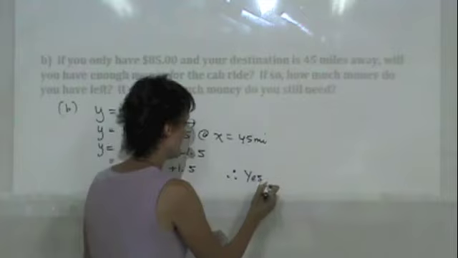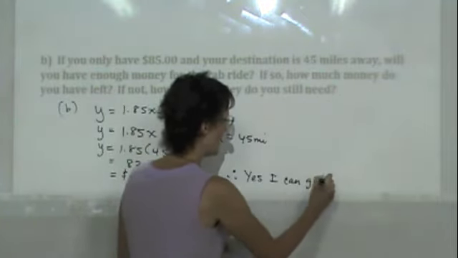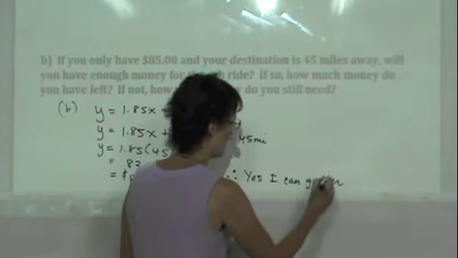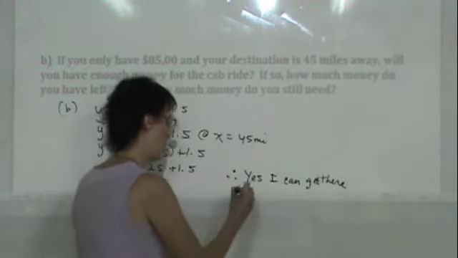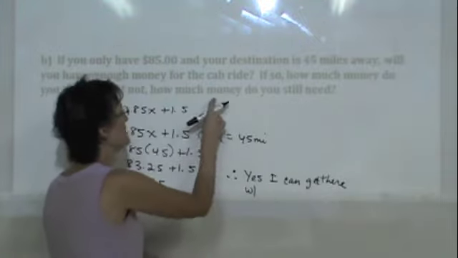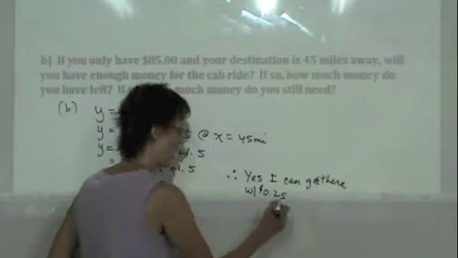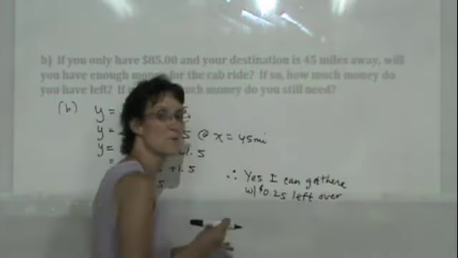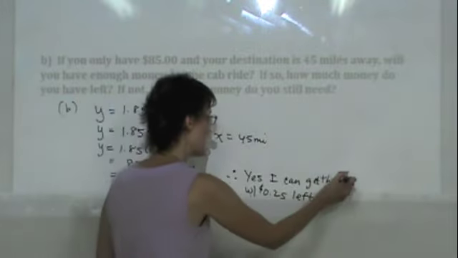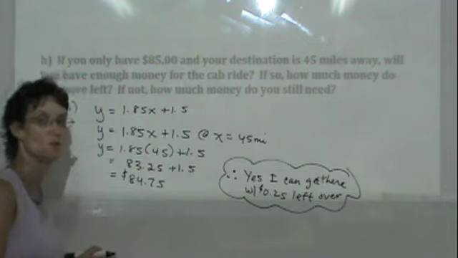Yes. Okay, I can get there, and it said how much do you have left? 25 cents left over. So you might want to bring just a little bit more just to be on the safe side. Alright, so yes, I can get there with 25 cents left over.